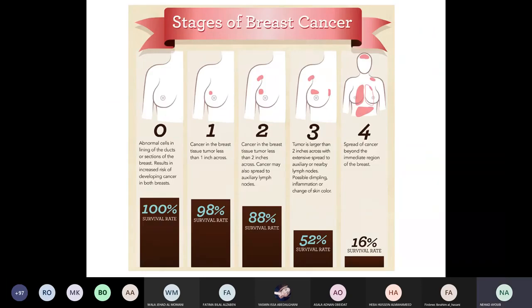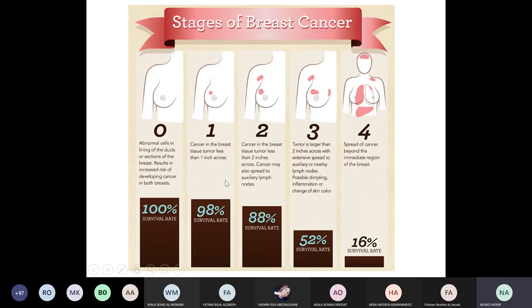Now when we talk about women in the public or community, why did we say that early screening detection is important? Because as we move through the stages from 1 to 4 of invasive disease, since stage 0 means in situ disease, the cure rate is decreasing, the survival rate is decreasing.